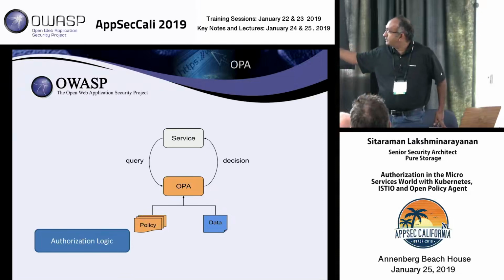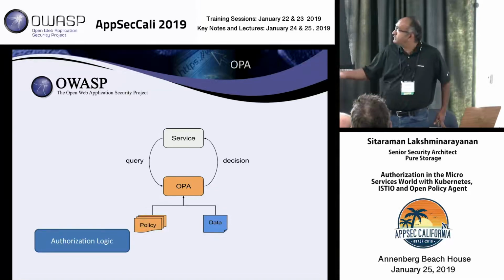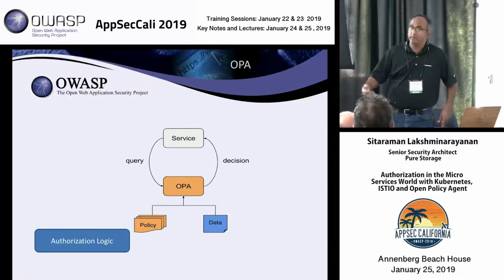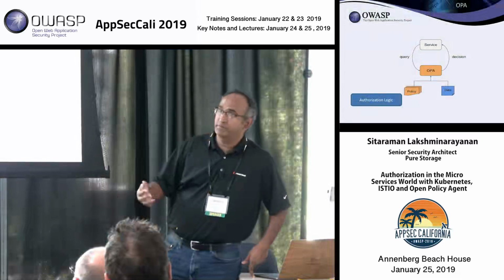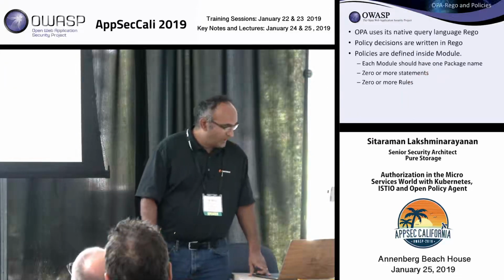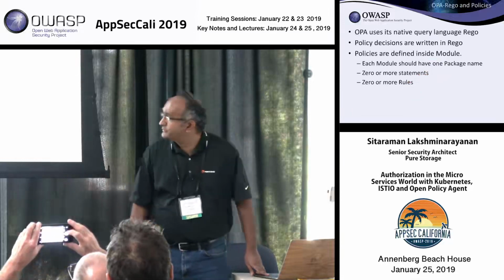What does OPA mean? OPA is basically a bunch of policies, which are authorization rules, authorization logic that you can deploy within OPA, and then say, if someone is asking for HTTP authorization policy 1, it will evaluate, come back and tell you true or false. You can either have data within the policy or you can query data from outside. It has its own query language, based on Rego.